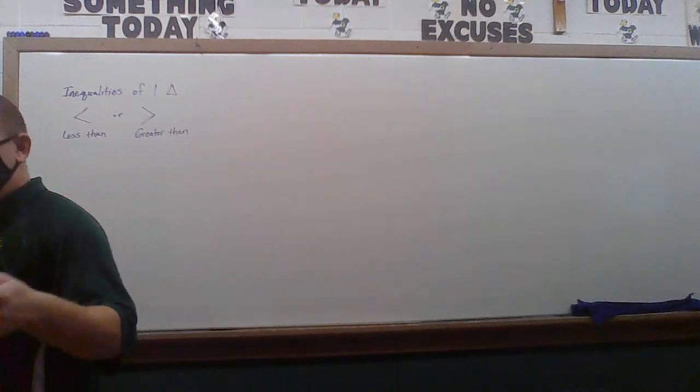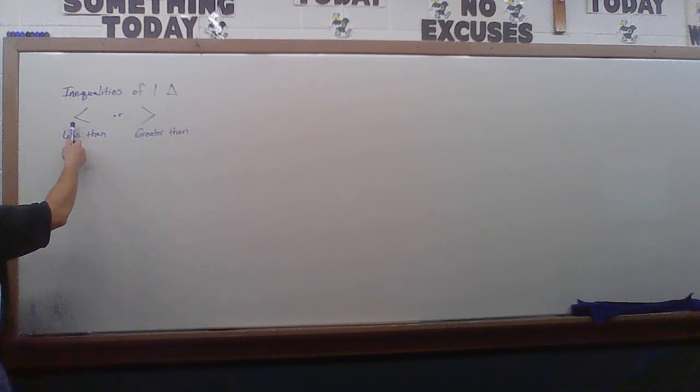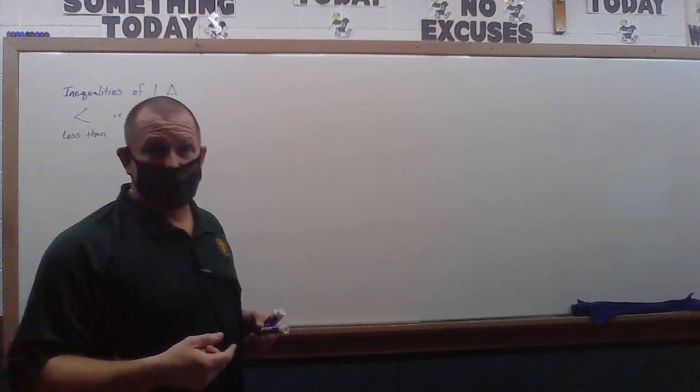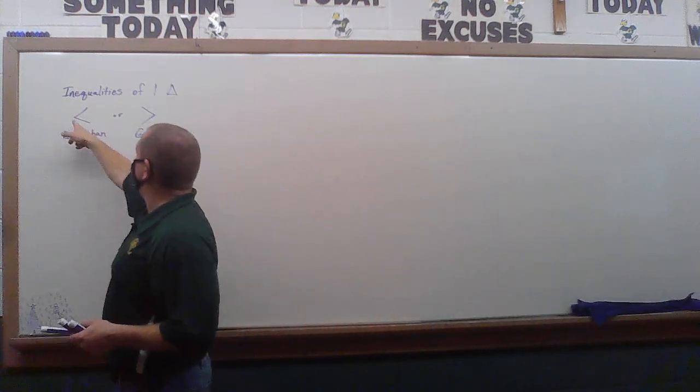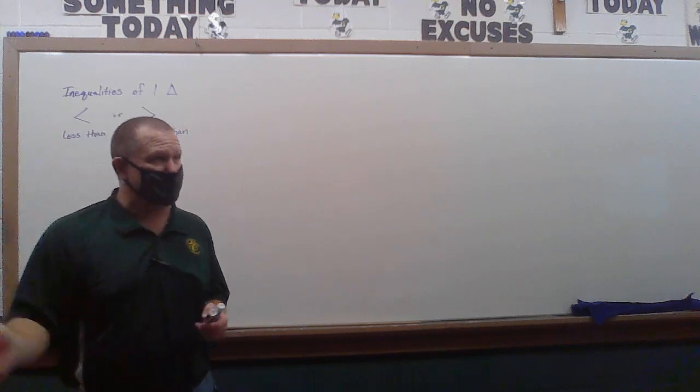Personally, I like to always put the variable on the left-hand side. And then I always know that this is less than and this is greater than. But if we're comparing two numbers straight up, it's always going to point towards which one? The lesser one, right? It points towards the smaller number. It looks like it's quote-unquote eating the bigger one. And that's how we know.